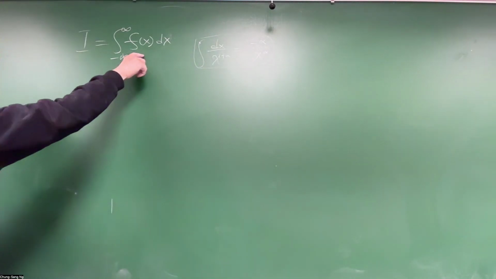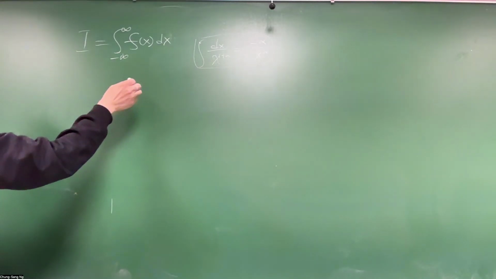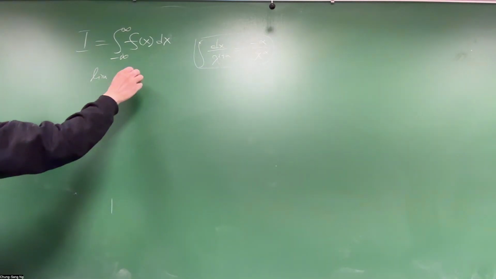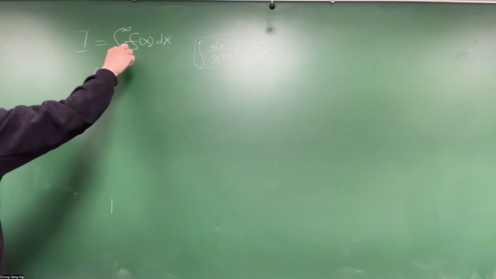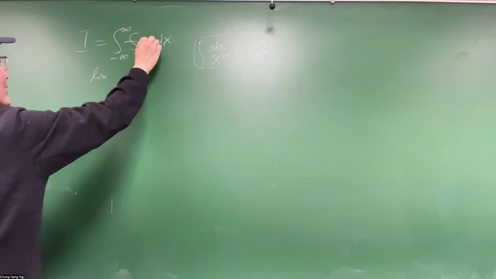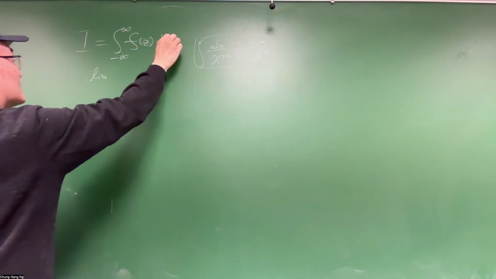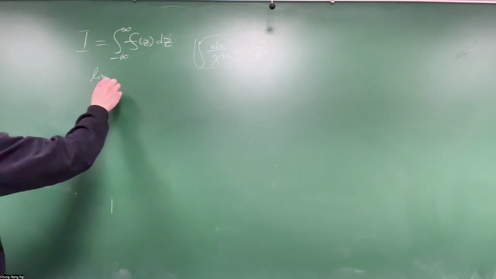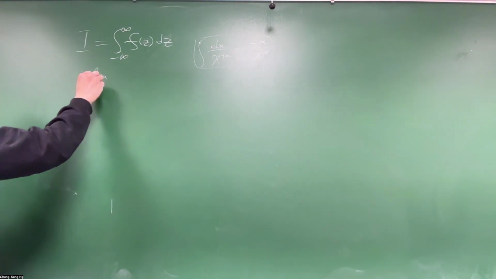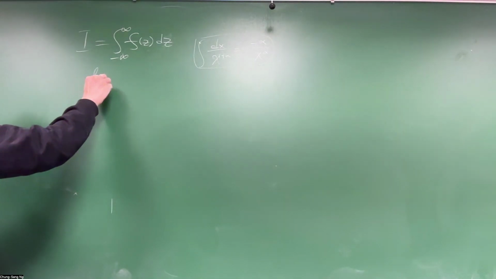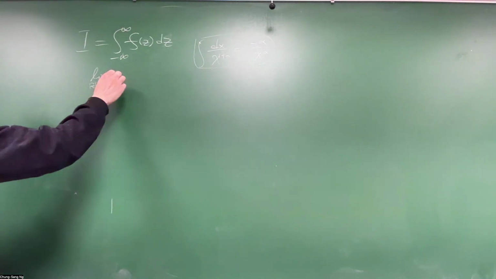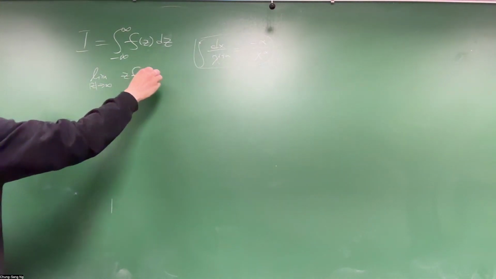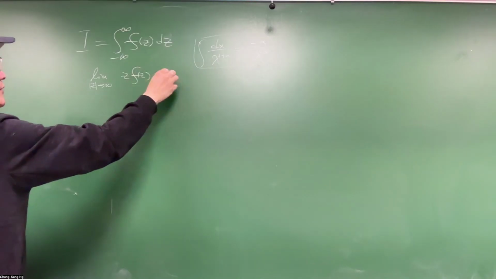For this method, we transform the integral and evaluate it as a complex variable, integrating along the z-axis. So you require that the limit as the magnitude of z goes to infinity of z times f(z) equals 0.